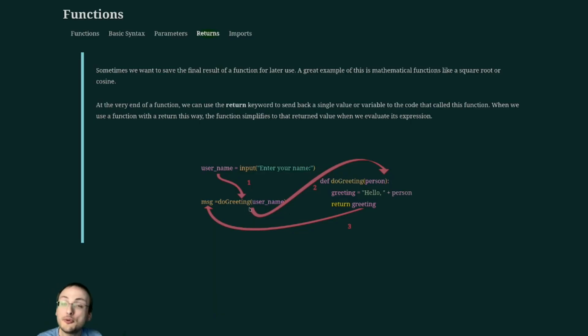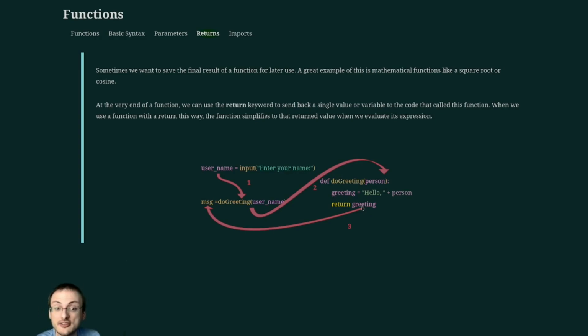So if we were watching this information flow now, the user enters their name in the main part of the program, they get to this doGreeting, and when they do, that name becomes this person parameter. We do all of that and produce this greeting variable here.